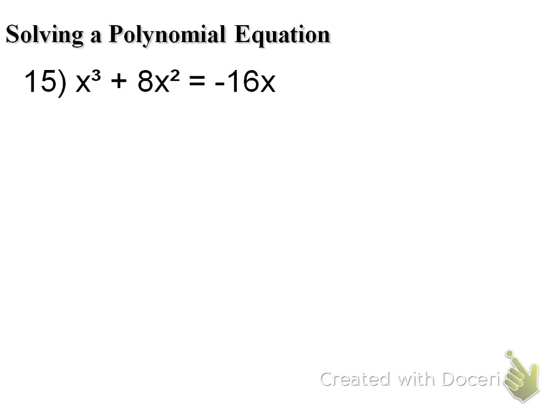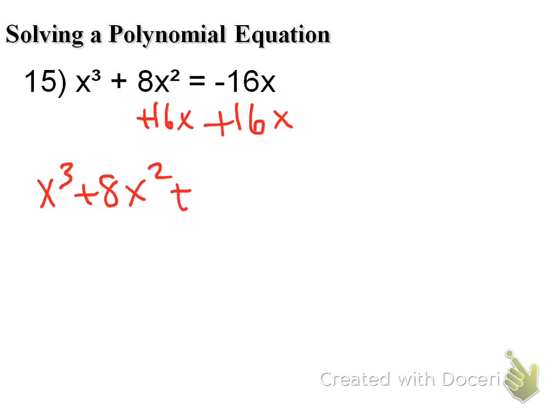All right, here's our last example for today. Ideas on where to start? Good, add 16x. So we have x to the third plus 8x squared plus 16x equals 0.